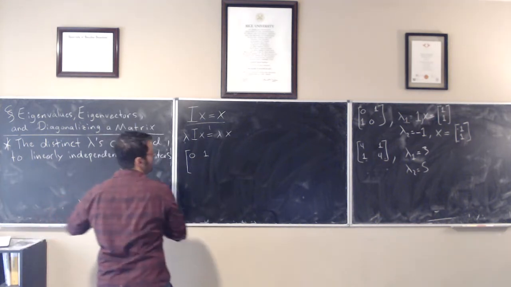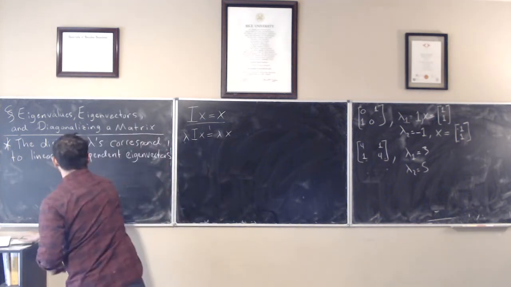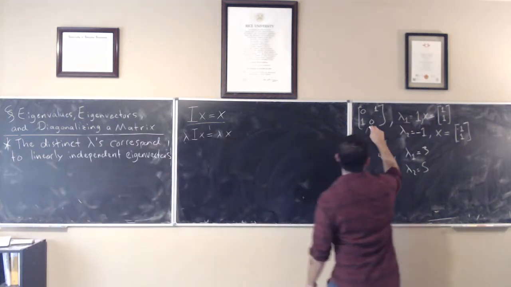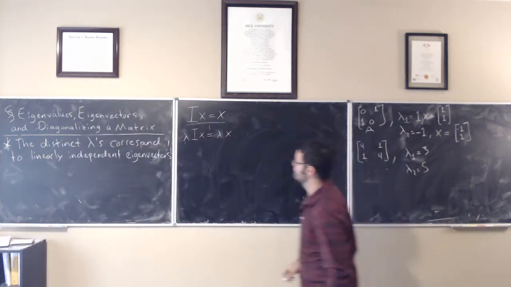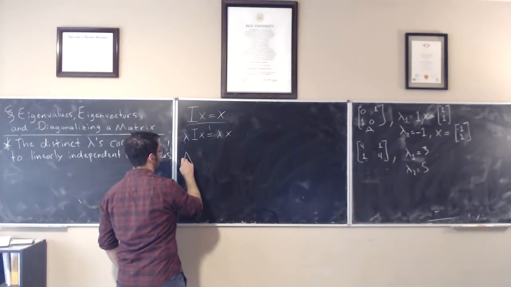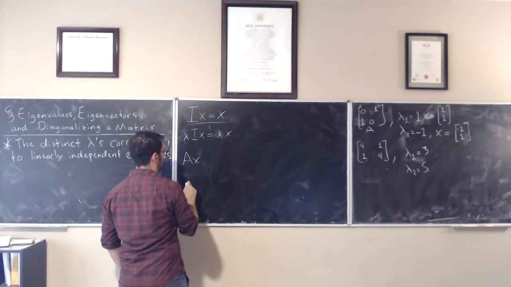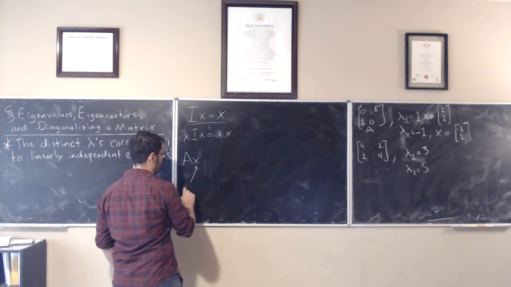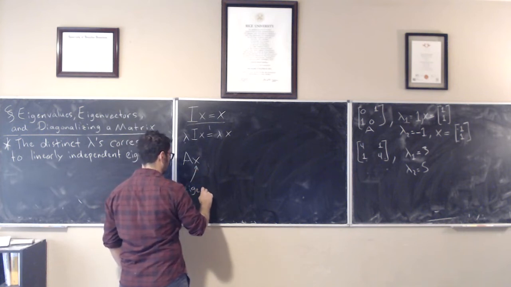Well, I'll just give it a name, A, for general. Like that's A. So, A x, we're assuming x is an eigenvector.